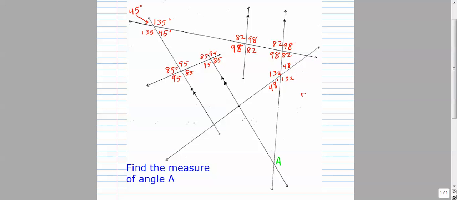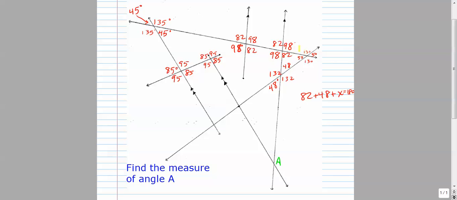We're going to go 82 plus 48 plus x equals 180. So that's, let's see, 120, 130. So this guy right in here is 180 minus 130, which is 50. This is 50 as well. This is 130. This is 130. All right. So there's our first triangle sum theorem.